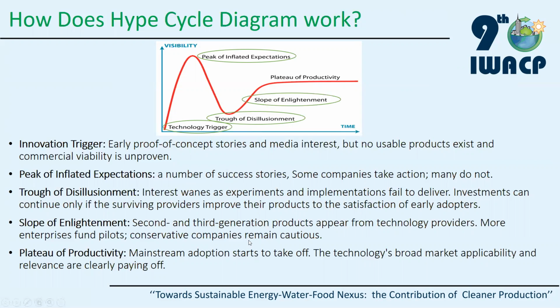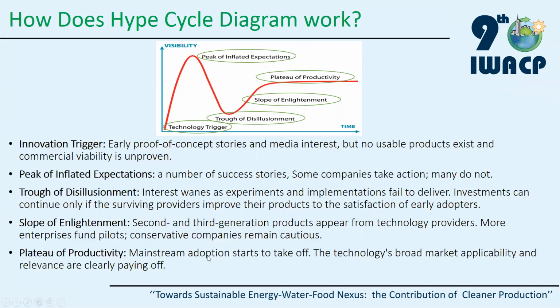The fourth stage is the slope of enlightenment. More instances of how the technology can benefit the enterprise start to crystallize and become more widely understood. Second and third generation products appear from technology providers. More enterprises fund pilots, and conservative companies remain cautious.